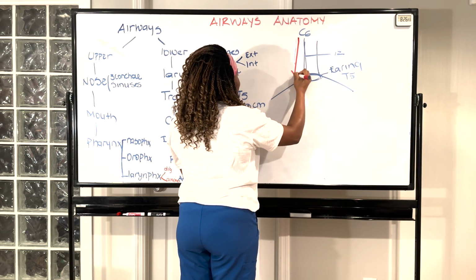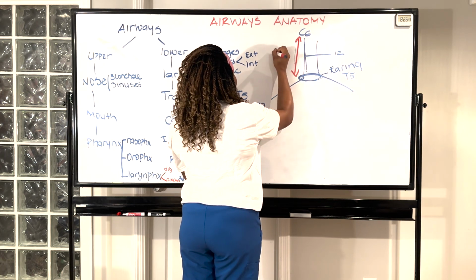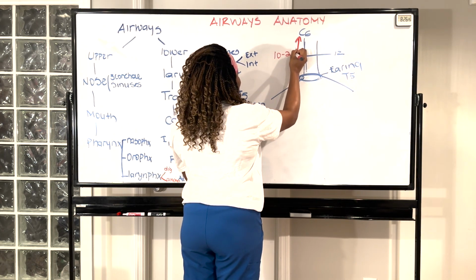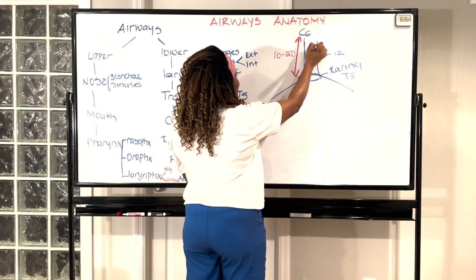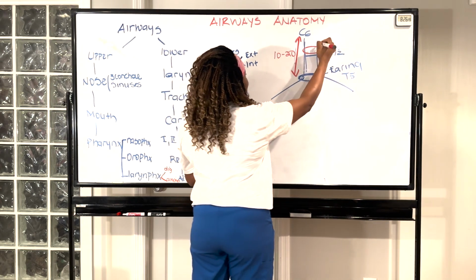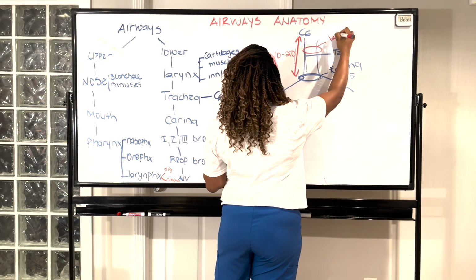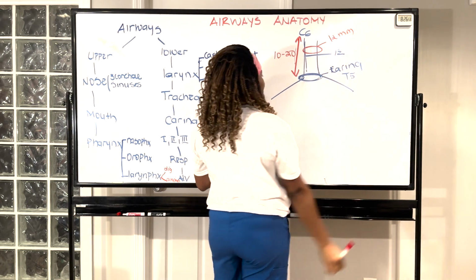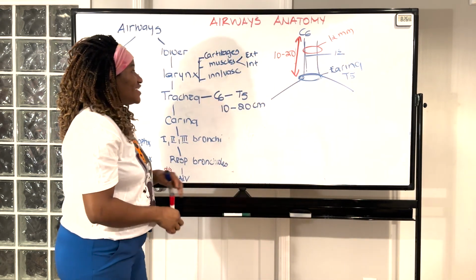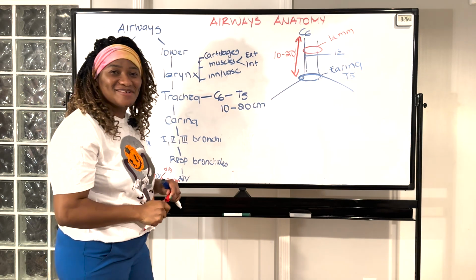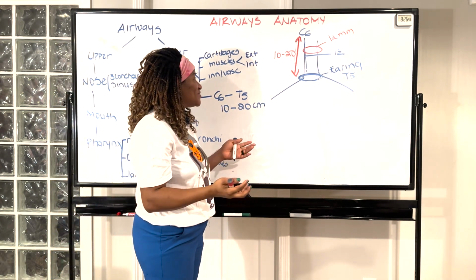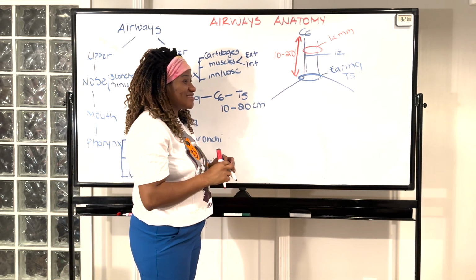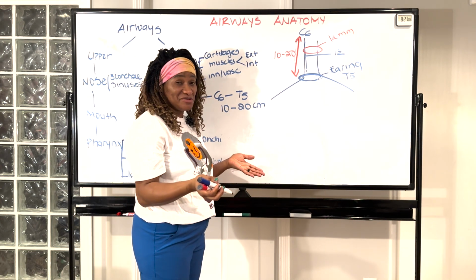So this length here is going to be 10 to 20 centimeters. And this diameter here is going to be 12 millimeters. I think this is also important because it can help you know what size of ET tube you want to get.